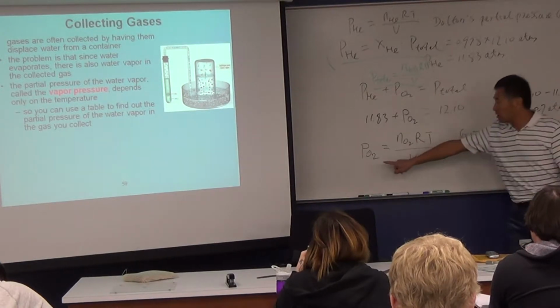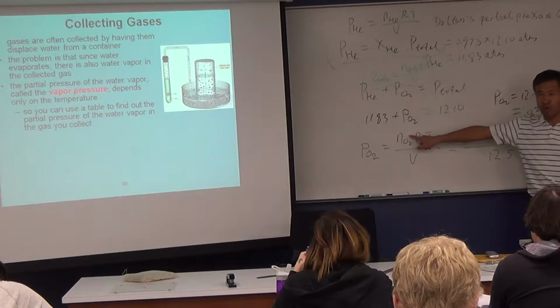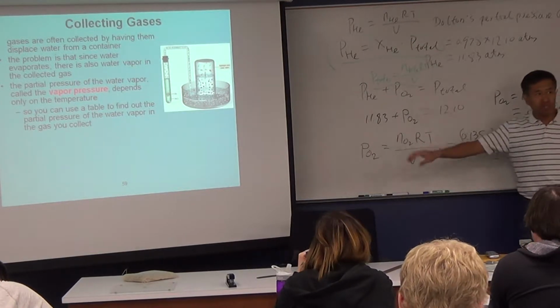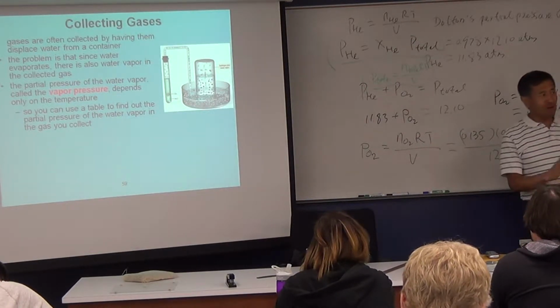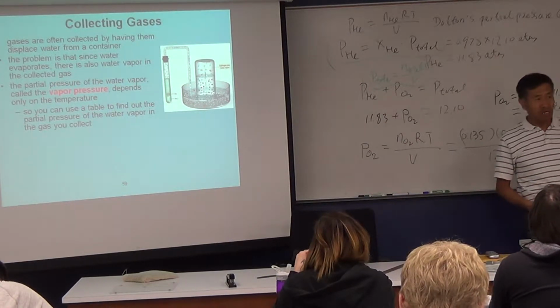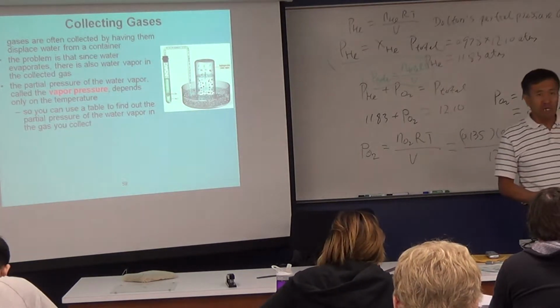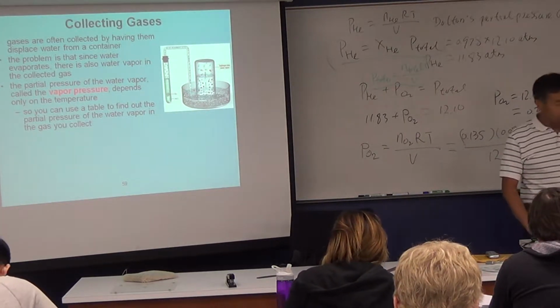The partial pressure of O2 is connected to the mole of O2. So if you want to find out how much of some particular gas you use or produce, obviously you need to know not only the total pressure but also the partial pressure for that particular gas.